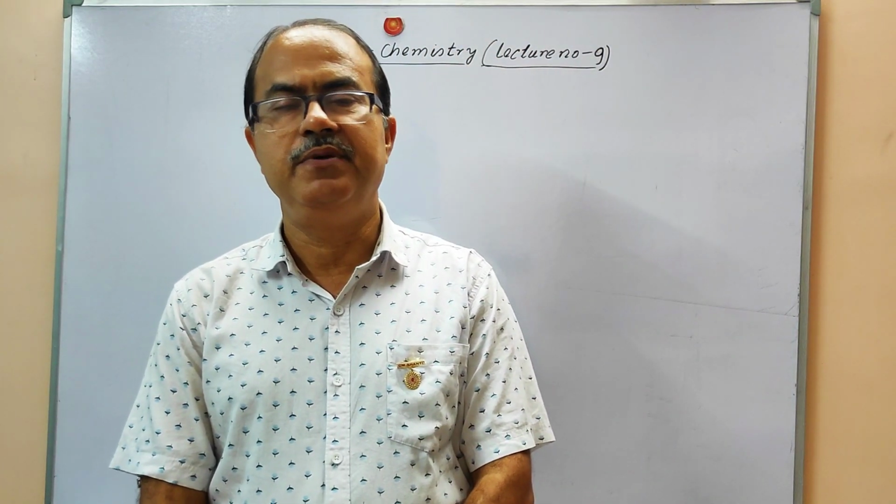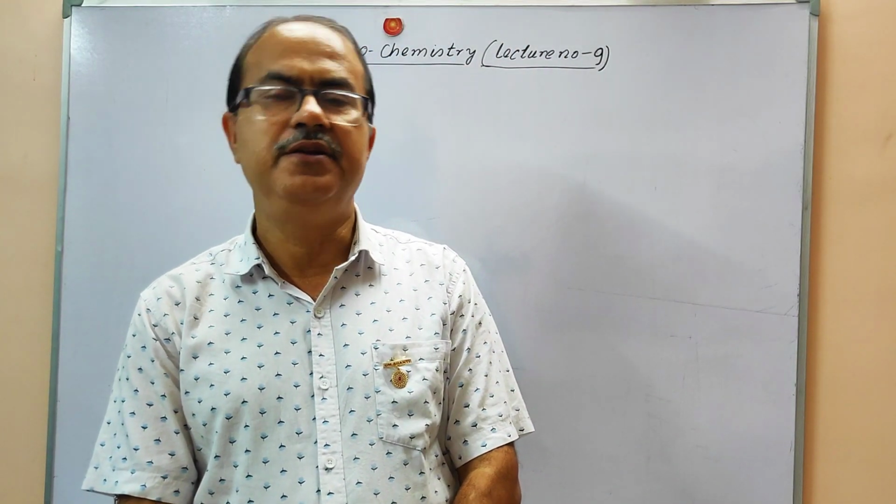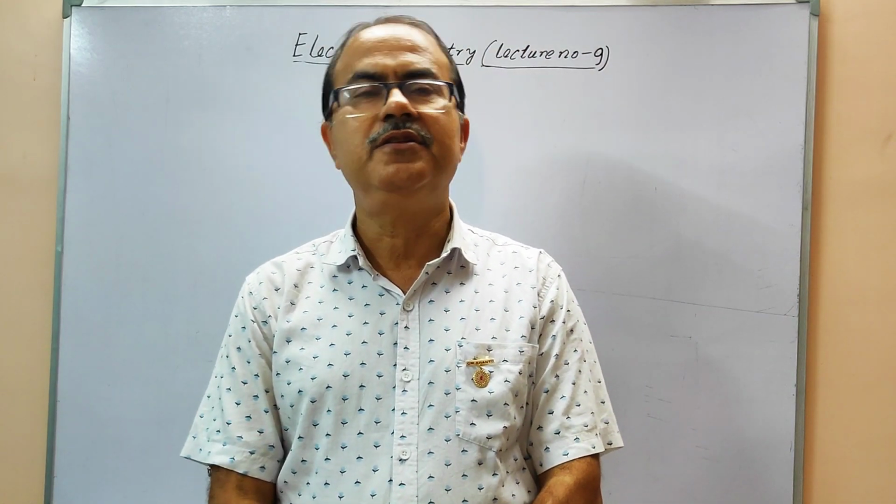Before going to discuss the relevant topic in this lecture, let us recap what we have already studied in different lectures. In the first lecture, we studied the introduction to electrochemistry.